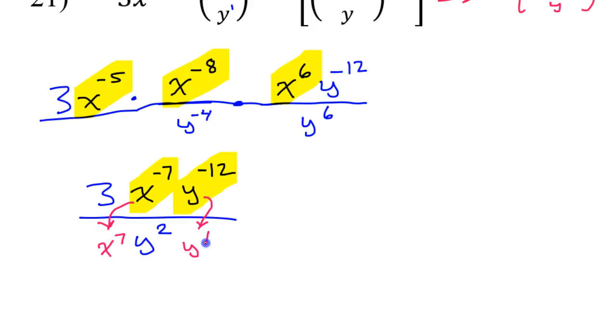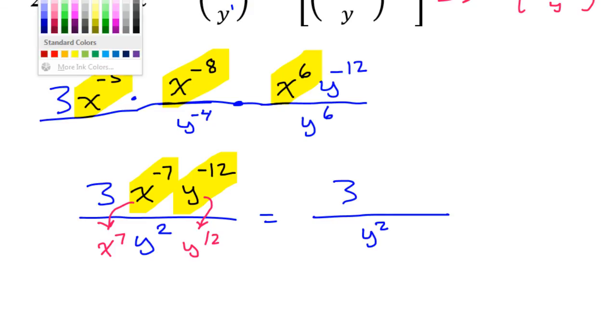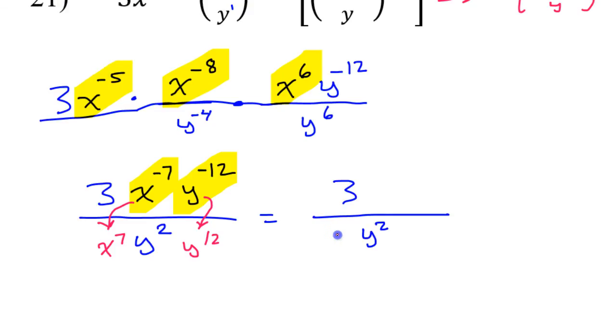So I'm going to have y to the 12th power down there. So as I recopy stuff, the 3 and the y squared did not move. But like I said, I have x to the 7th power and y to the 12th power.